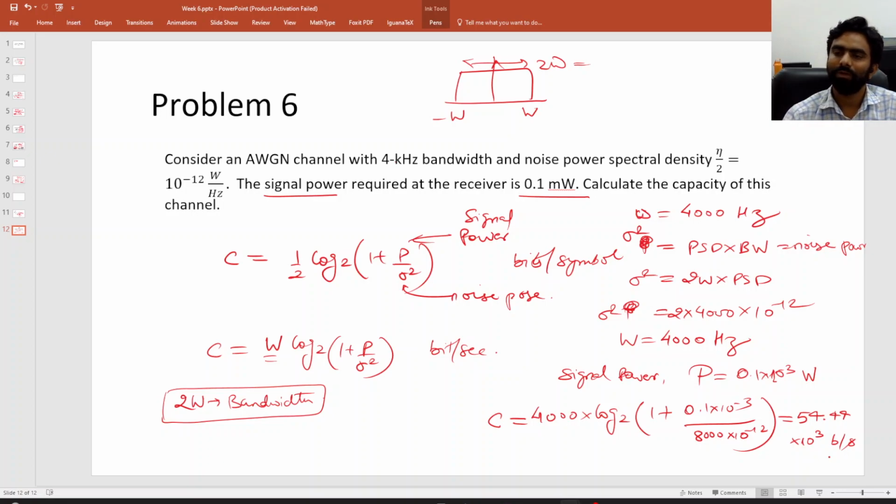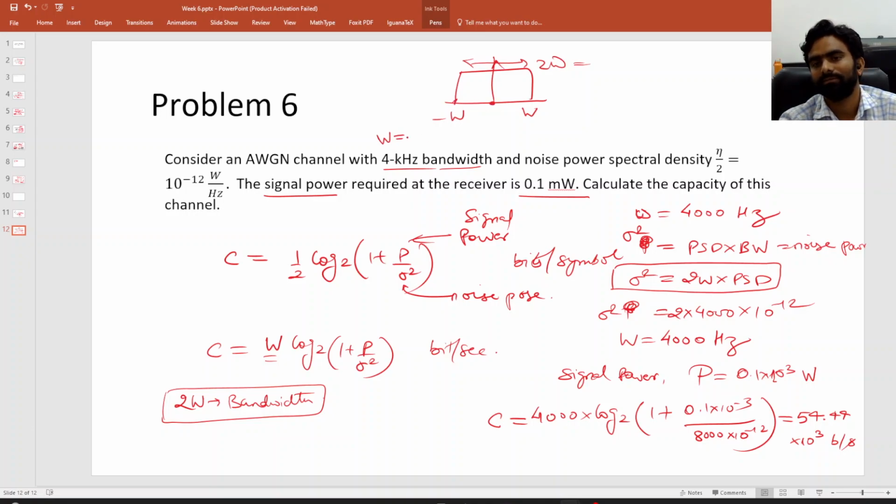Okay. So one thing you need to remember is that the noise power will be equal to the PSD of the noise into the total bandwidth. This is the AWGN with 4 kilohertz bandwidth, so this is not the total bandwidth. This is the available W, so total bandwidth will be twice of that.